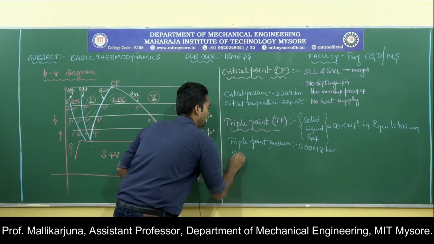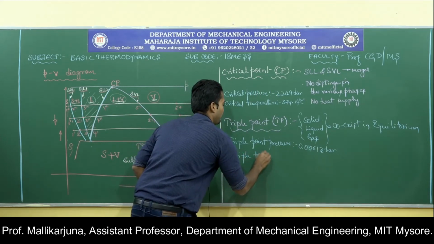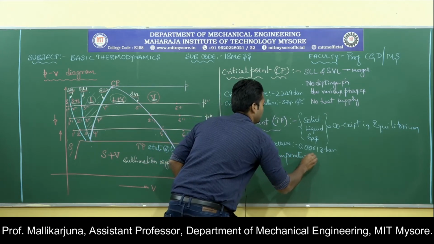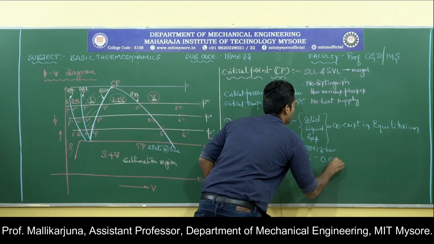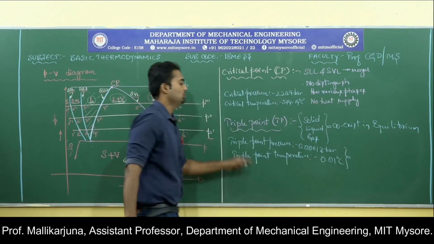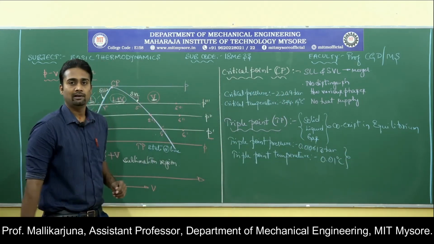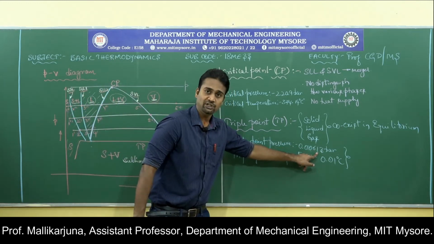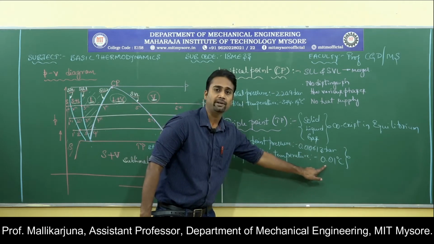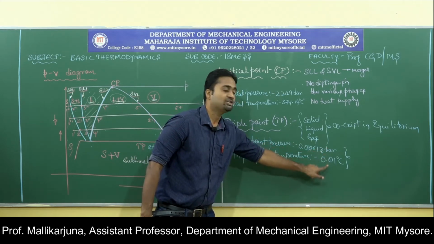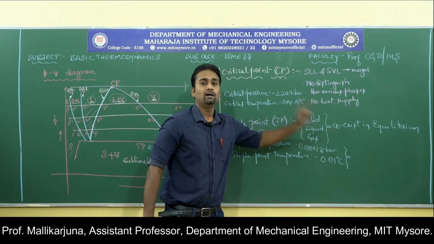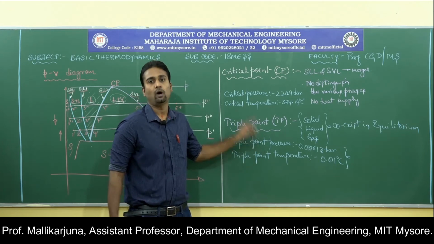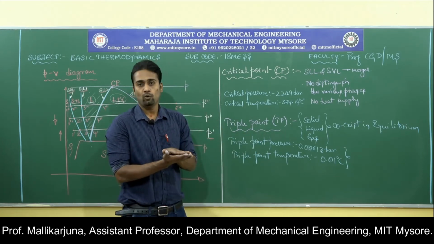In the same fashion, the triple point temperature is nothing but 0.01 degree Celsius. So these two are the triple point pressure and triple point temperature for water. It is the pressure at which the corresponding temperature is this much. I mean at this pressure and at this temperature, the water will be in its triple point state. All the three phases of the water will be coexisting.